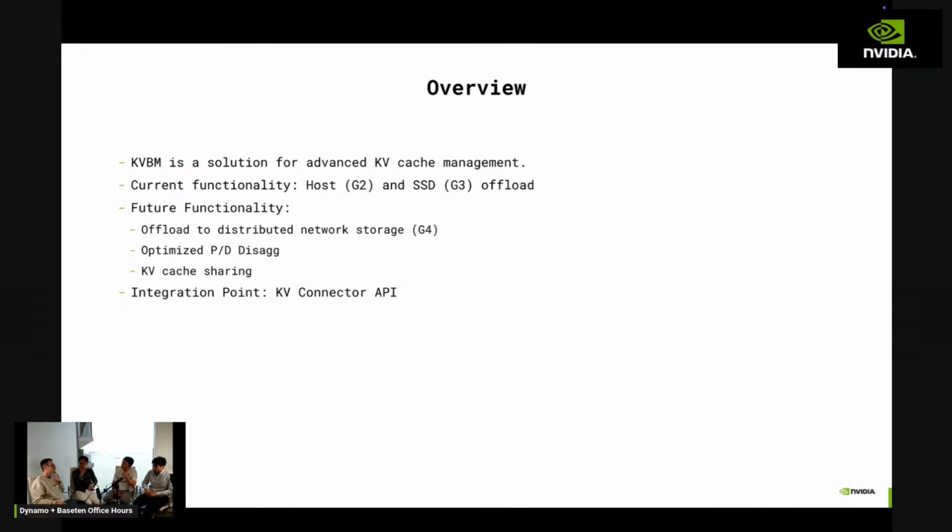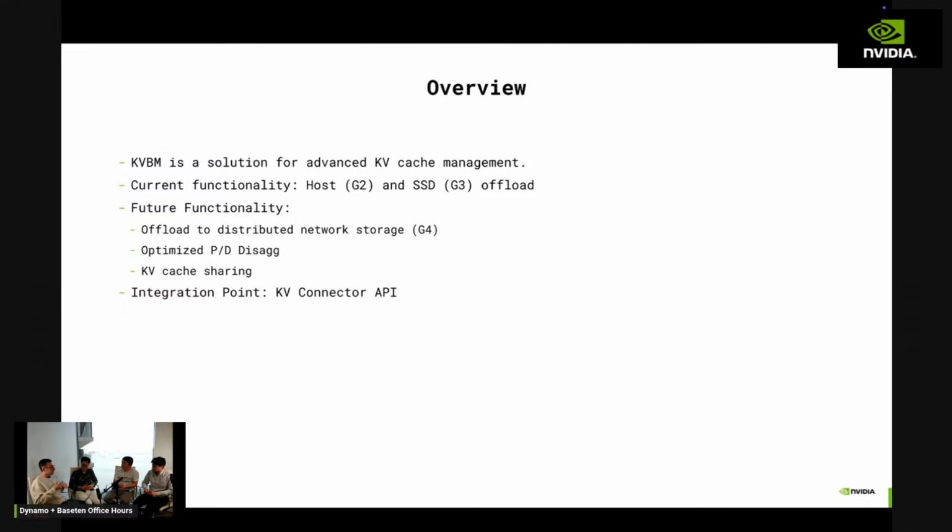Optimizations like that require a very deep integration with Dynamo, especially as it pertains to KV routing. The KV router needs some separate communication path with the workers to say, hey, you need to transfer this KV cache to this other worker, and that's not really possible unless you have a full end-to-end integration via Dynamo.